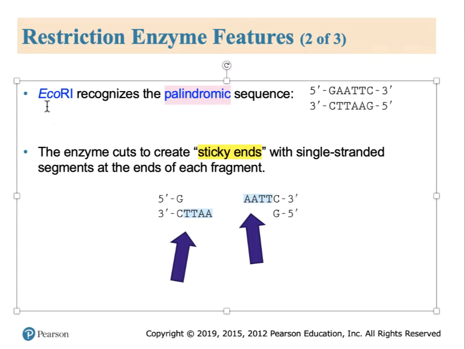Regardless, the restriction enzyme that we're looking at here, EcoR1, recognizes this sequence and no other, and it cuts the DNA between the G and the first A on both strands. And therefore, it leaves this 4-base overhang on each half of the cut. And this is called a sticky end. Why? Because these two A's and these two T's still have their hydrogen bonds available to bind with something that comes past.